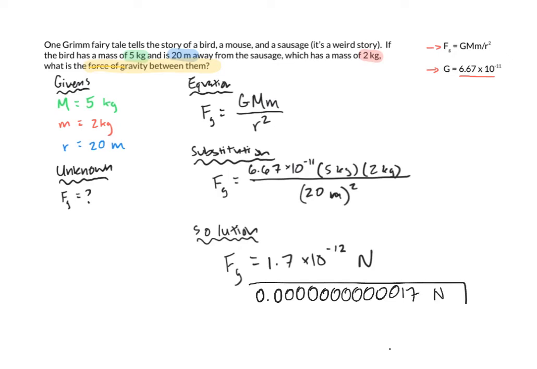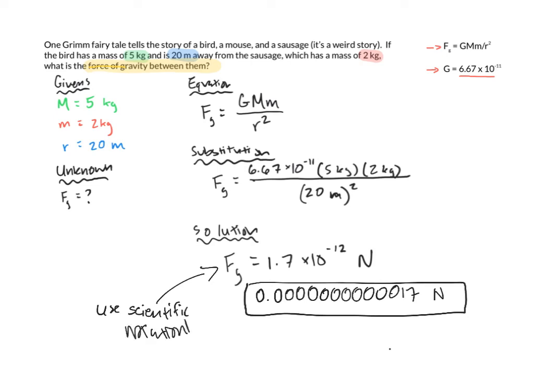And that is going to be the force of attraction in non-scientific notation between the sausage and the bird, which of course is why it is important to know how to do scientific notation, because nobody wants to write this many zeros. So this is how your answers should actually look. Use scientific notation.